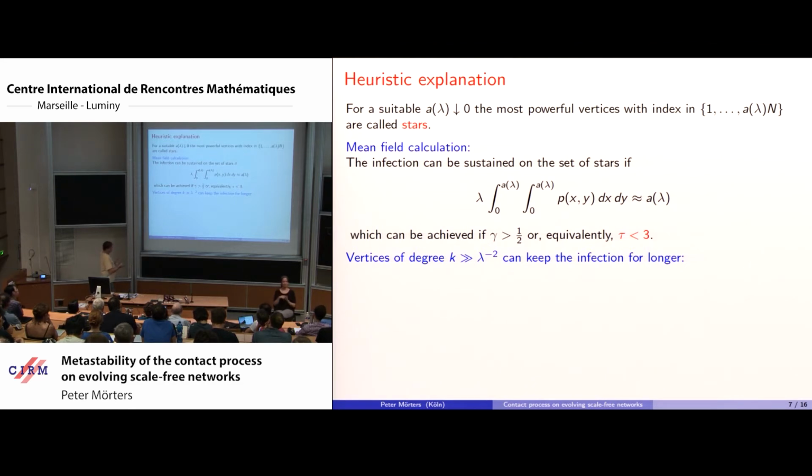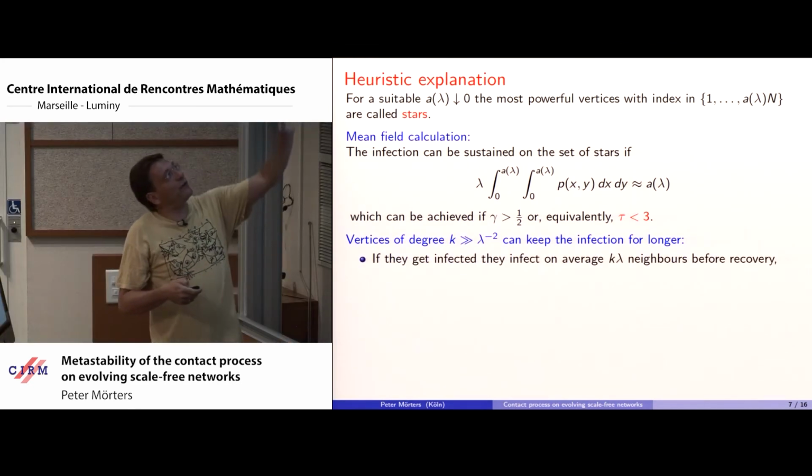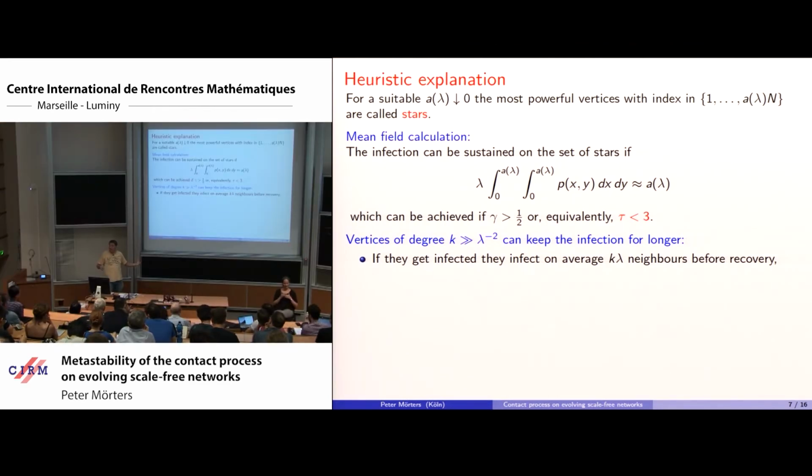So if you assume that you have a vertex of degree k, which is of bigger order than lambda to the minus 2, and such a vertex is infected, they have a lot of neighbors, and they will infect their neighbors. So typically, if they have k neighbors, on average, before they recover, they infect k times lambda neighbors.